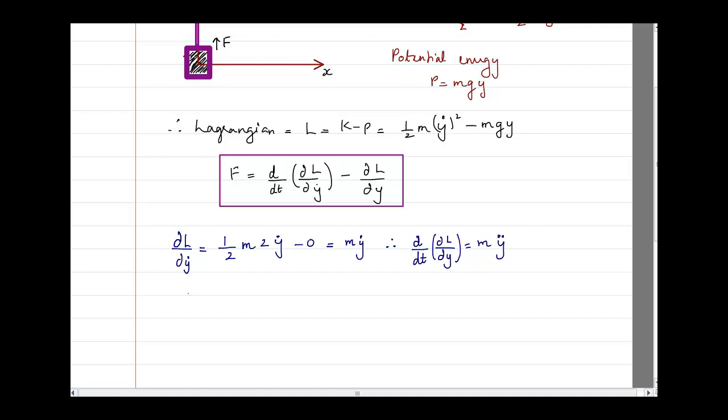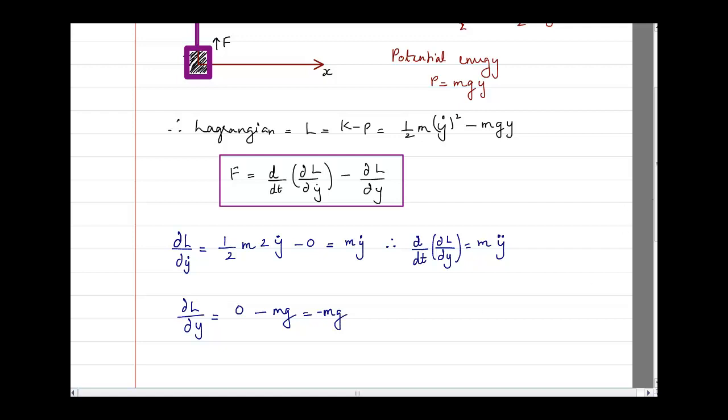And I will get dou L by dou y as, if you look, the first part of the equation will become 0. The second part I will get minus mg, totally it's going to be minus mg.